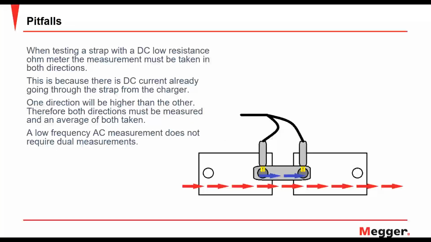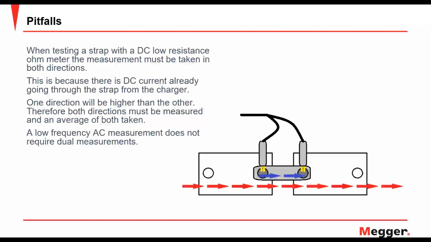Another thing, when you are doing this strap test, it's really recommended to take a bidirectional DC resistance measurement. Don't measure it only from one side, swap the leads and do it from the other side. The reason is that there is always going to be some DC current going through the batteries. So when you do it in both directions and take the average, you will get a better reading and measurement.